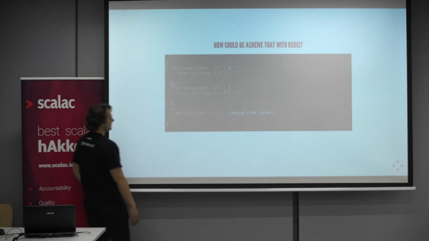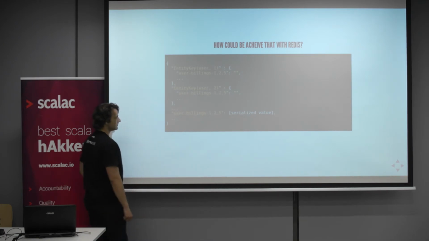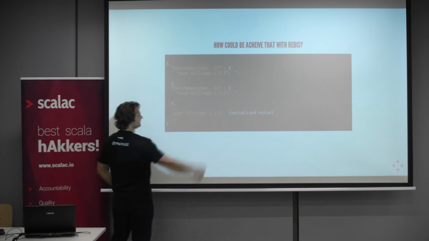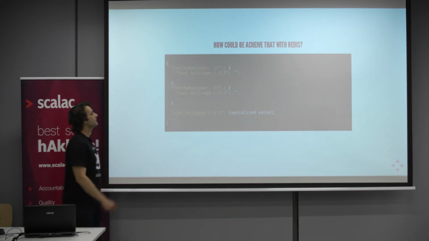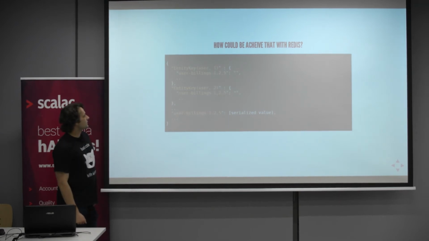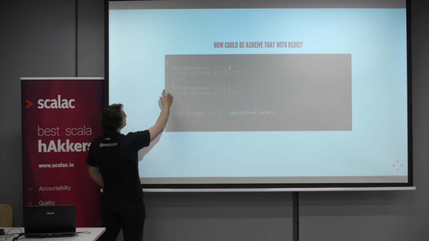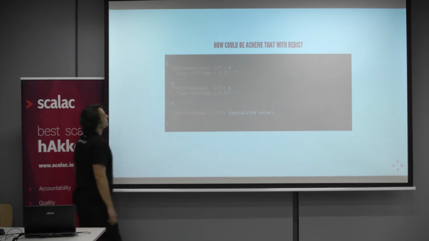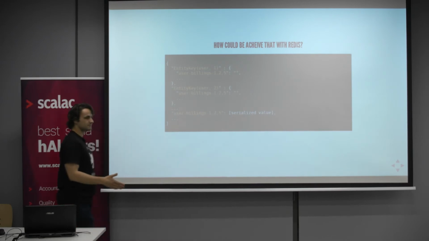For instance, let's say we have results of user billings for users 1 to 5, where we store the serialized value of our result. But we also store the results related to the user with ID 1, user with ID 2, and so on.